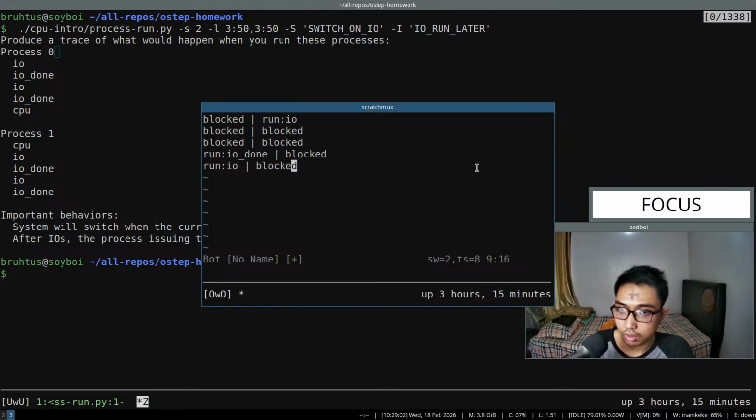Block, okay. 1, 2, 3, 4. This is the last one. 5. This one becomes blocked. This one also blocked.